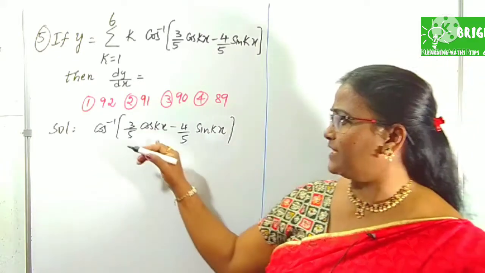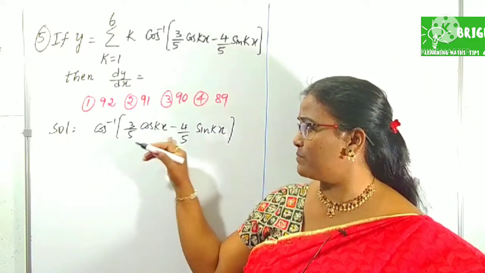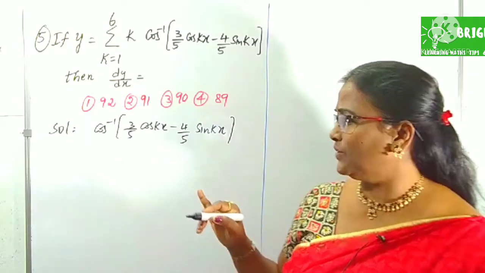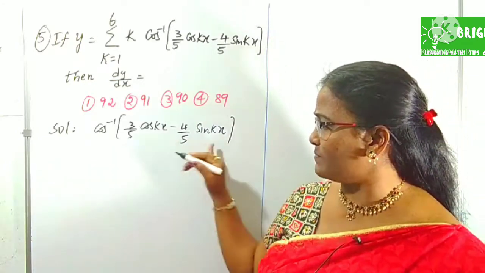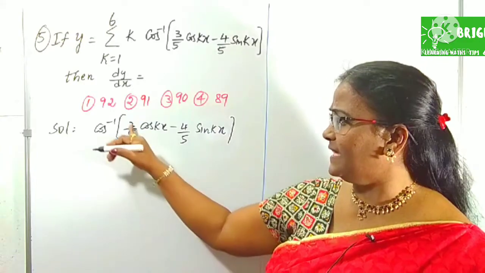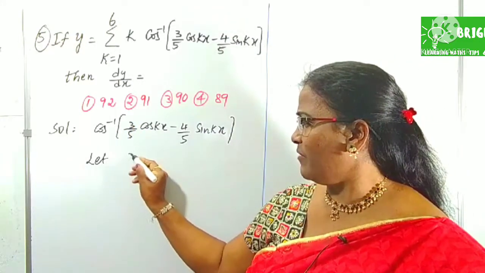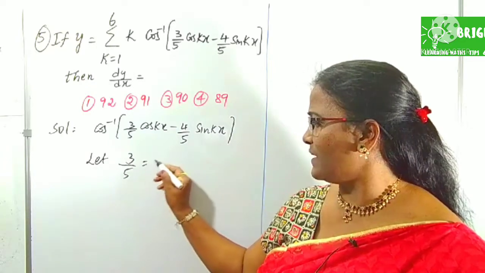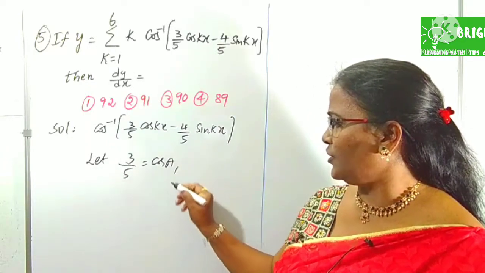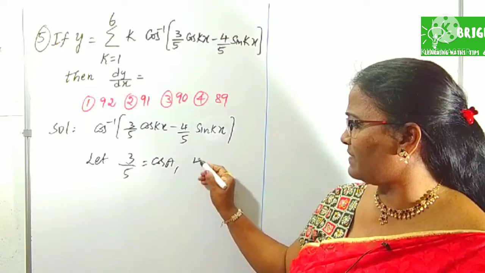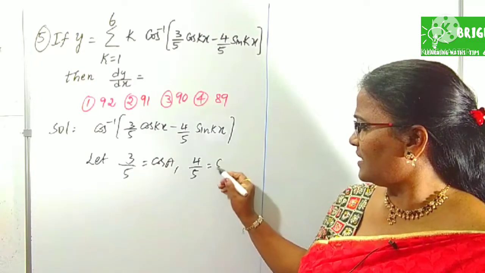Easily we can understand, we can reduce this into the form of cos a cos b minus sin a sin b. To reduce into cos a cos b, already here the cos function is there. Here also we want it in terms of cos, means let 3 by 5 be taken as some cos a. Automatically you know that clearly 4 by 5 is sin a or not?